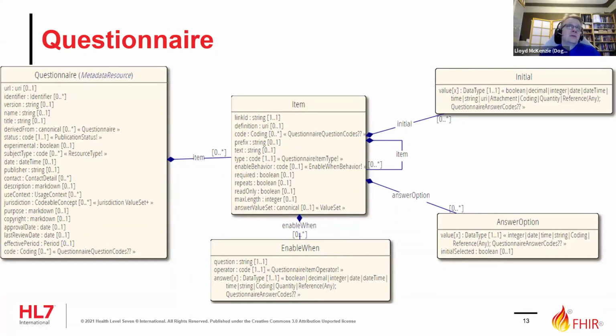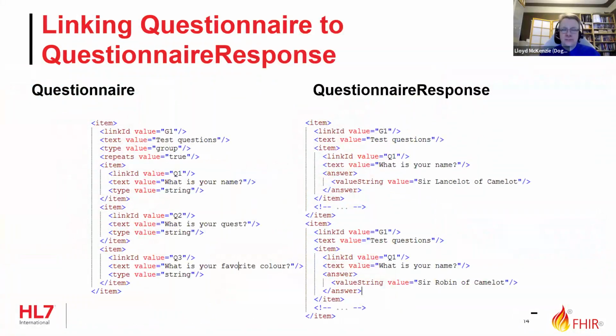And that's the data model to be able to capture absolutely everything you can imagine in the healthcare world or outside the healthcare world. So what does that look like in practice? On the left-hand side, we have a questionnaire. So it's got an item, and beneath that item, we have some child items.